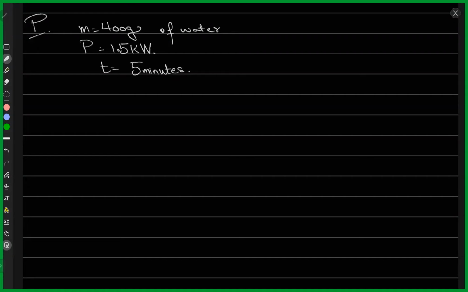There's one thing that you would need to find this. You would need the specific latent heat of vaporization of water. So for example, in a question, you're given different specific latent heats of fusion and vaporization. How would you know which one to pick? Can anyone tell me?